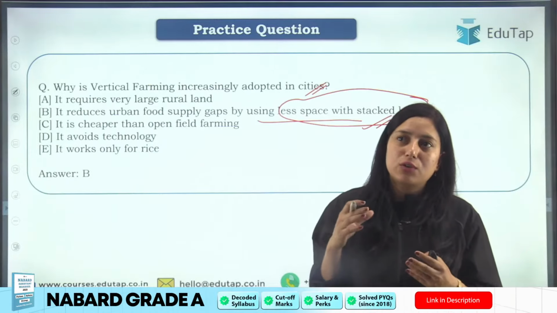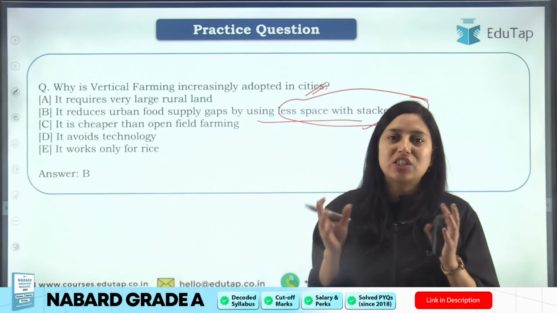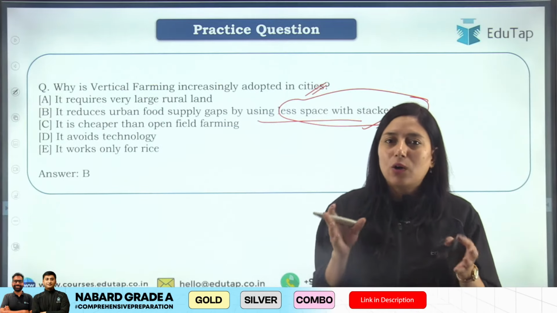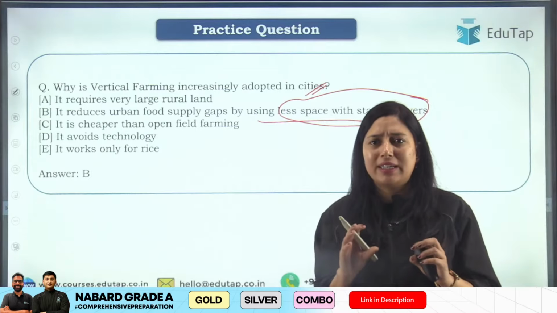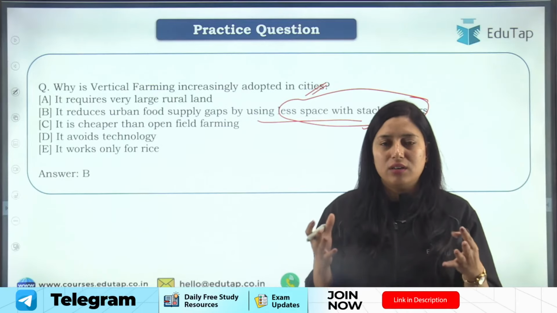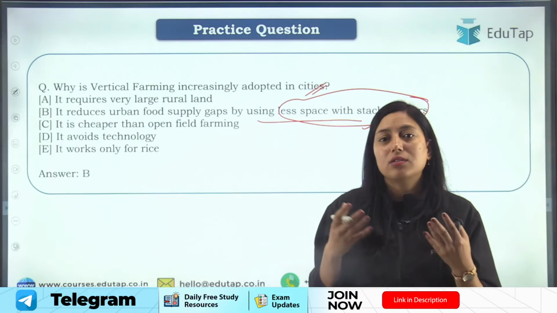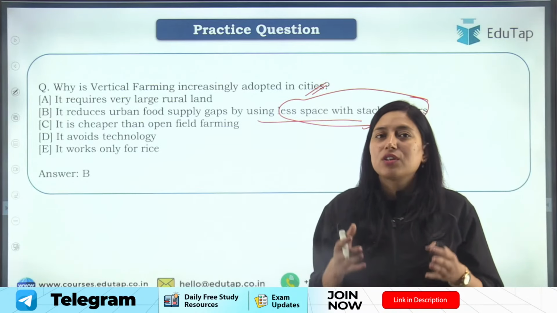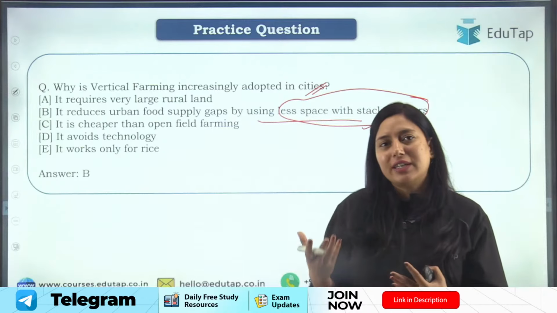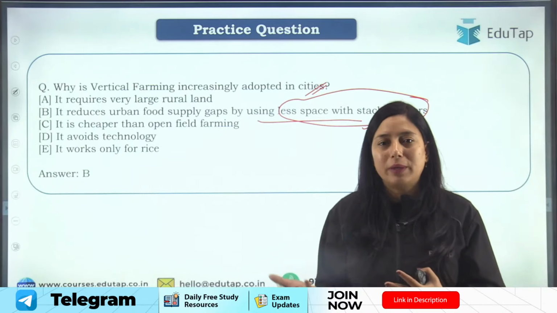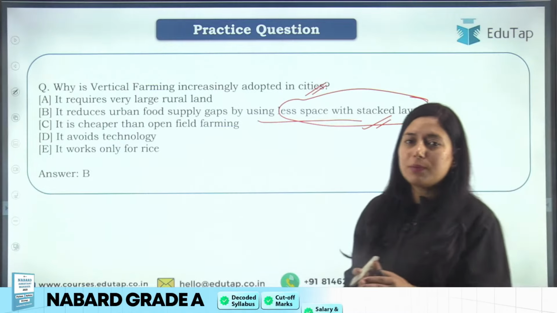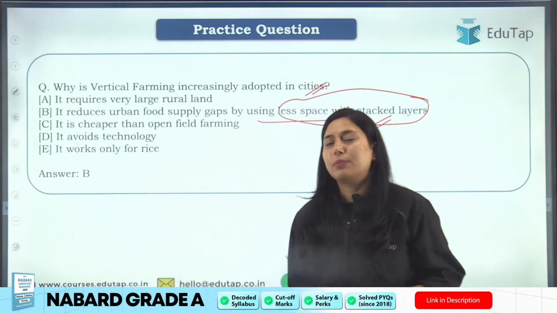And you can change the temperature, humidity, and also the amount of light intensity that is required by that particular crop for growing. Okay, so you can grow crops that are not originally found in your region. Clear? So that's why vertical farming is being adopted by more and more people nowadays, because it has become possible to grow crops that are not originally found in that particular area.